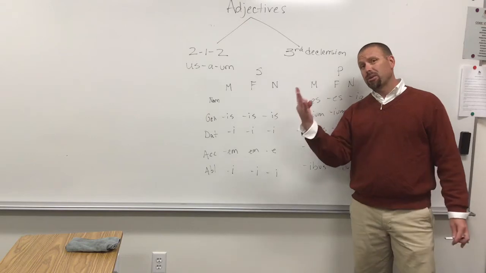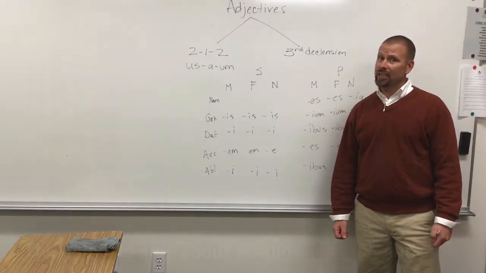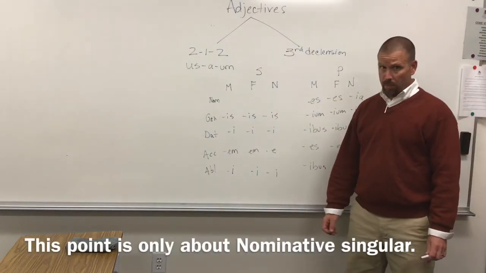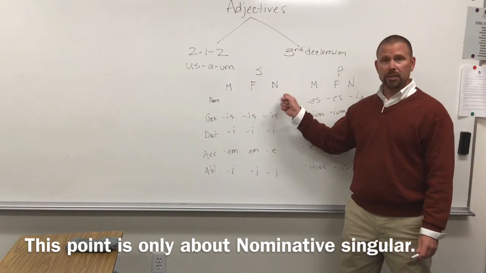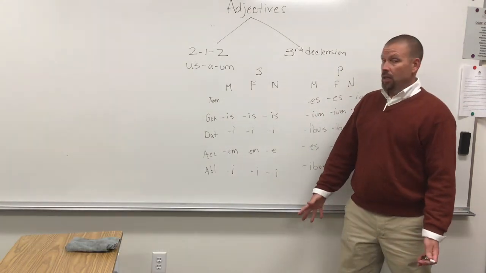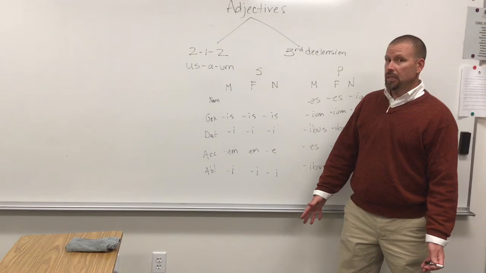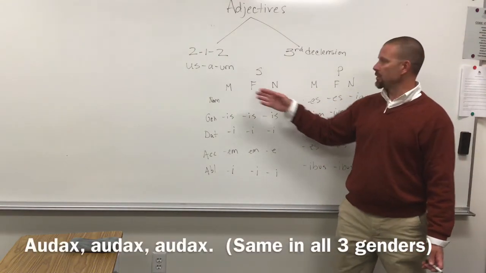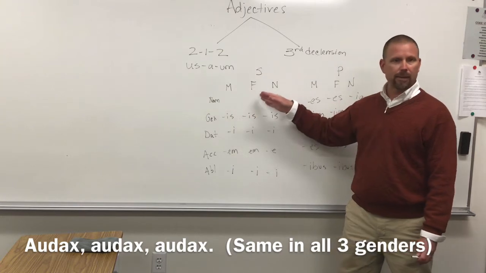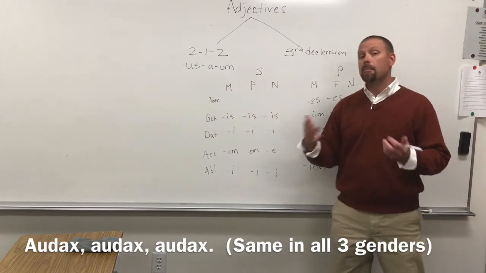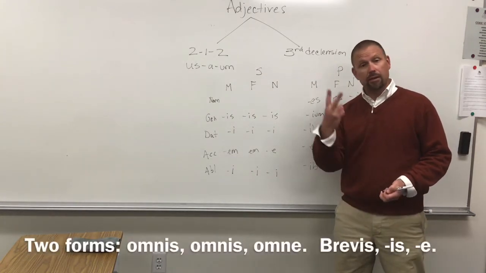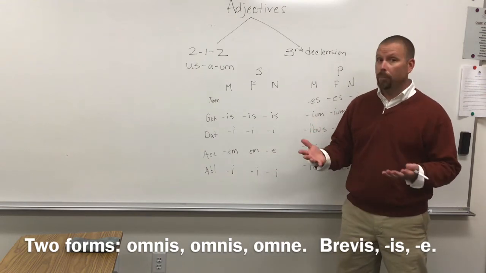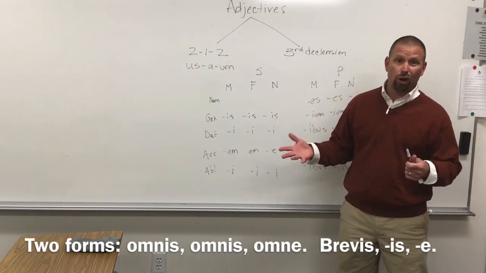That's because there are three different kinds of third declension adjectives. Some of them have the same form in all three genders. An example of that would be audax, audax, audax. If it's masculine, it's audax. If it's feminine, it's audax. If it's neuter, it's audax. Many third declension adjectives have two forms, like omnis, probably the most common one, it means all or every.